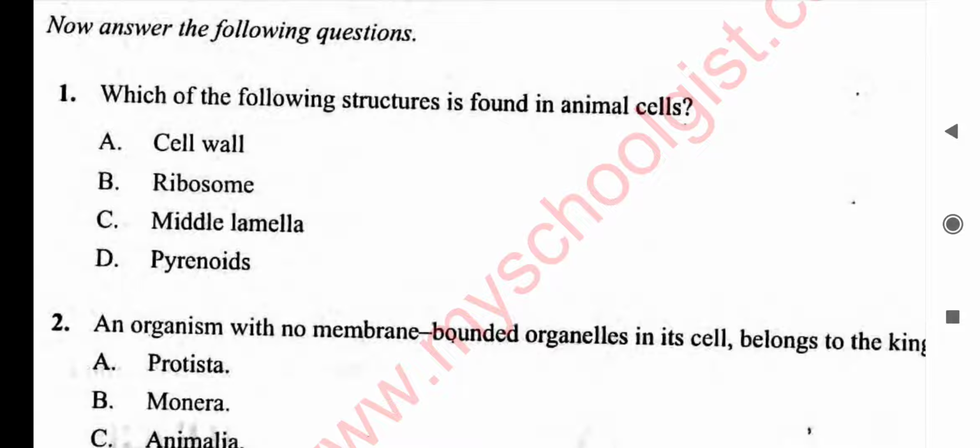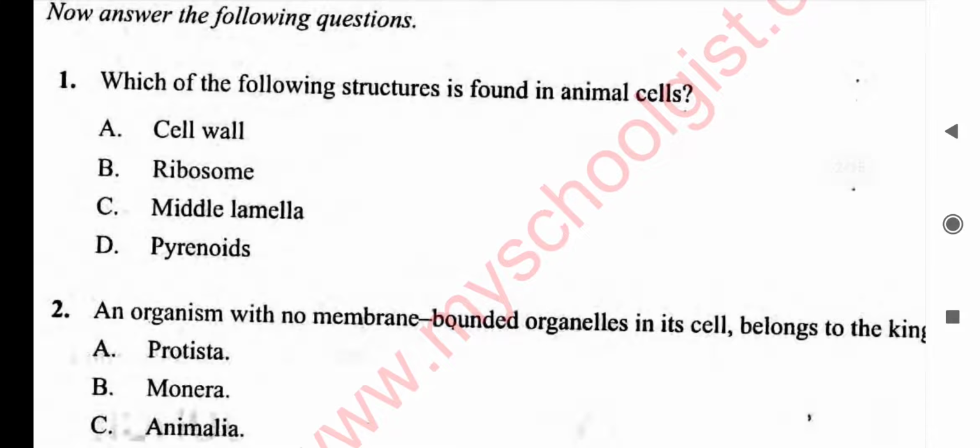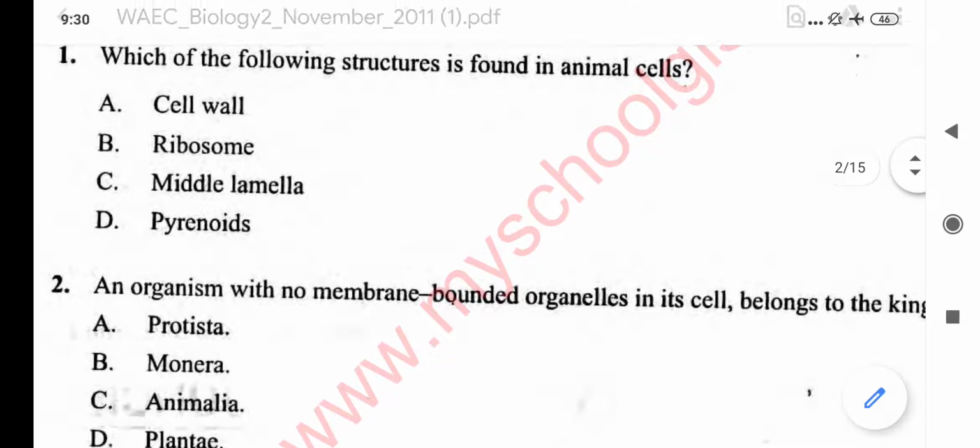You know what chloroplasts are? Chloroplasts house the chlorophyll, and chloroplasts and chlorophyll, which gives plants their greenish color, are found only in plant cells. And these pyrenoids are found in chloroplasts, so they can't be found in animal cells. So your answer is B.